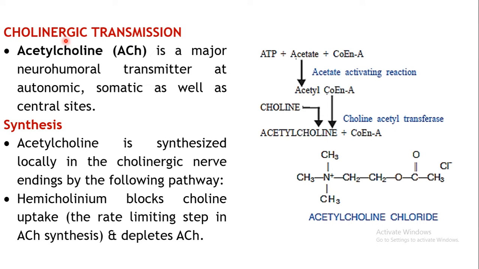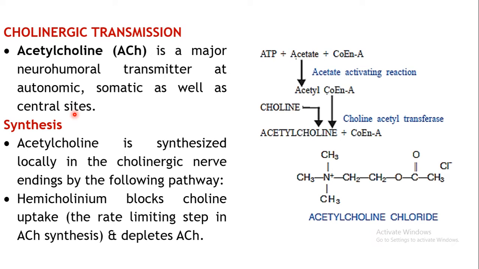As I've told you earlier, acetylcholine is also denoted as ACh, this is the accepted short form. A and C are capital and h should be small. ACh, or acetylcholine, is the major neurohumoral transmitter at all these sites: autonomic, somatic as well as central sites.